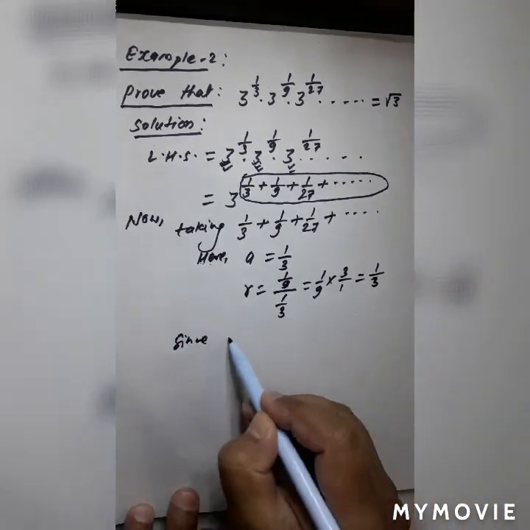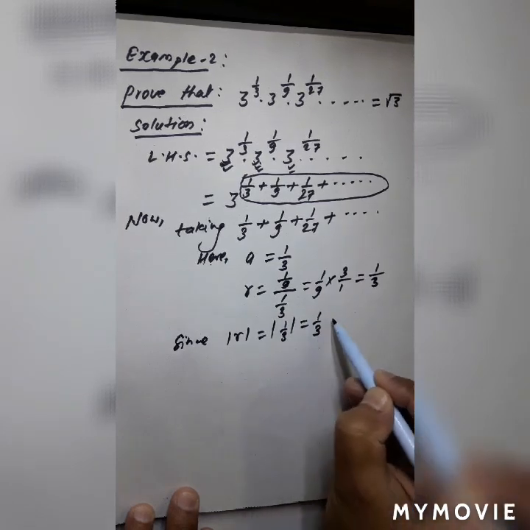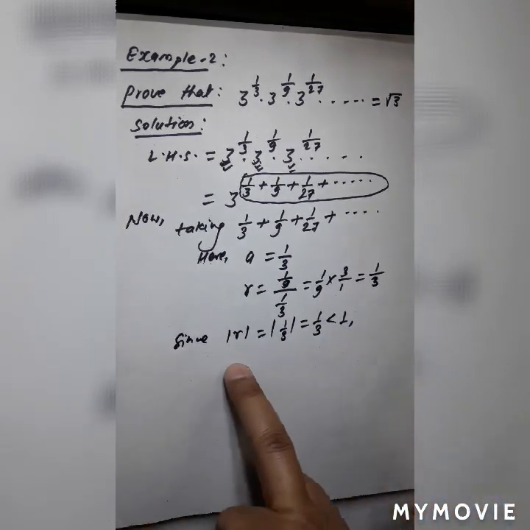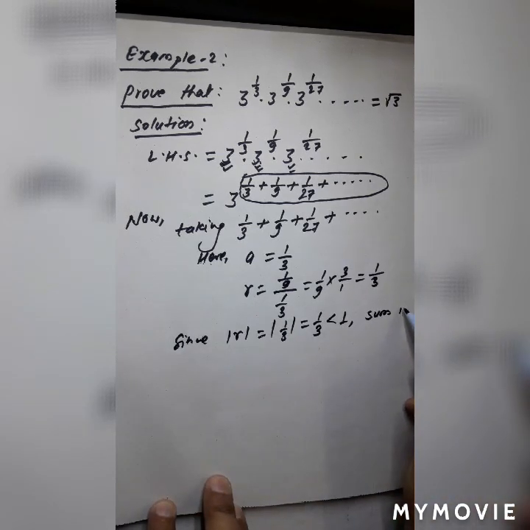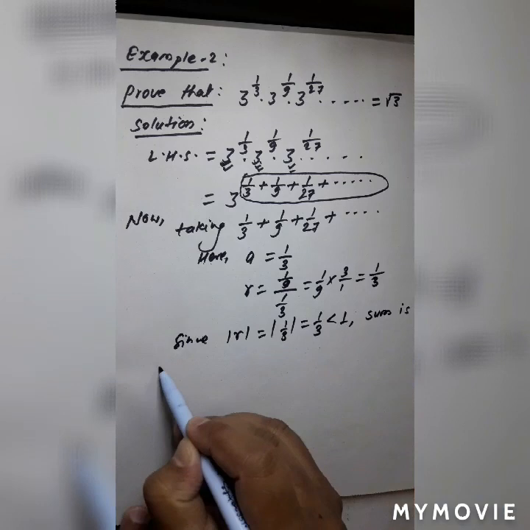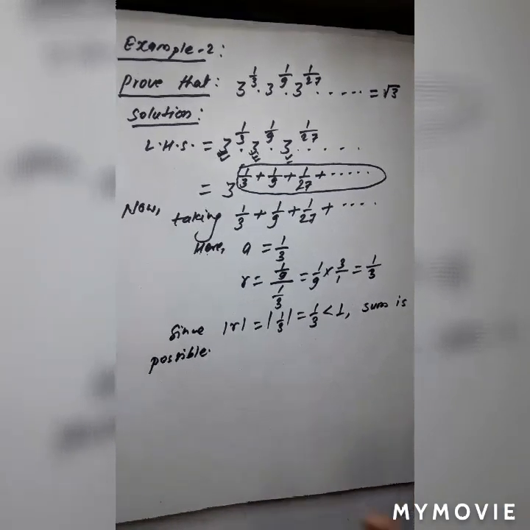Look here, the absolute value of r, 1 by 3, is less than 1. Since the absolute value of the common ratio is less than 1, the sum is possible, we can find its sum.